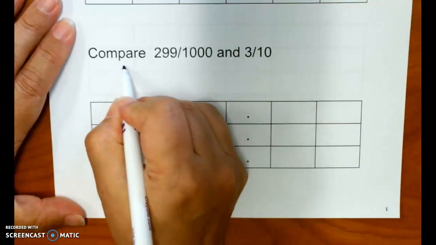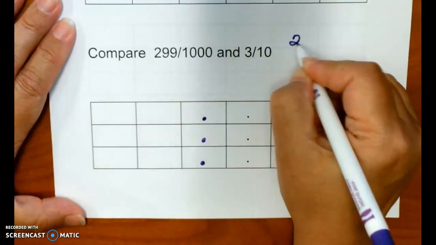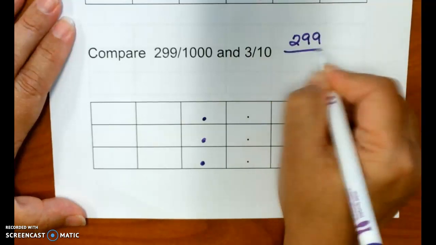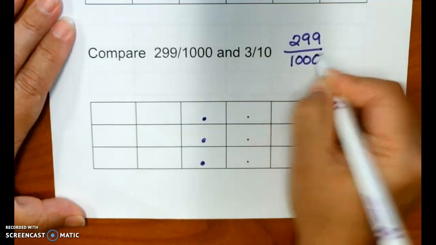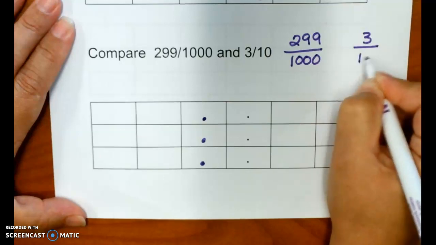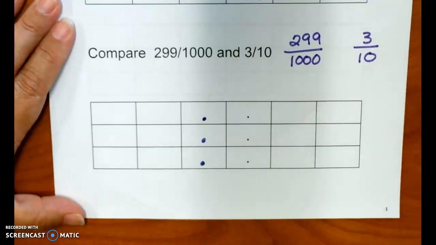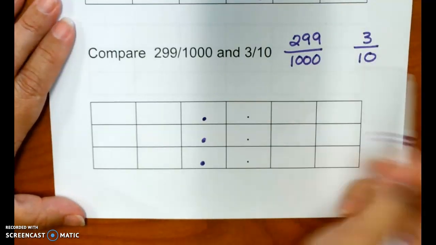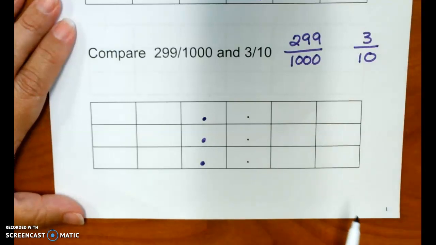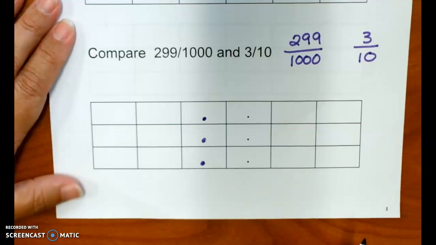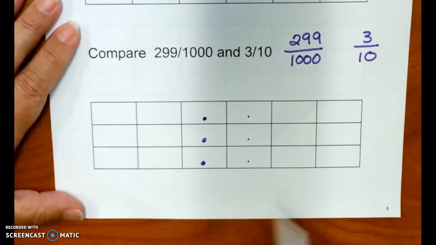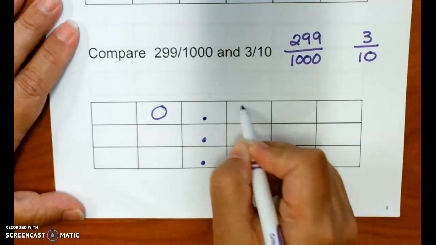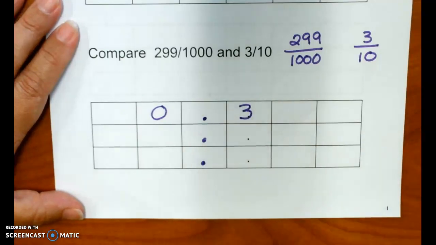Another way to write these fractions would be 299 thousandths, 3/10. Now the denominators are different, so that kind of confuses me. So I better put this on my place value chart. Let's write 3/10 on our place value chart in standard form. I would have 3/10.